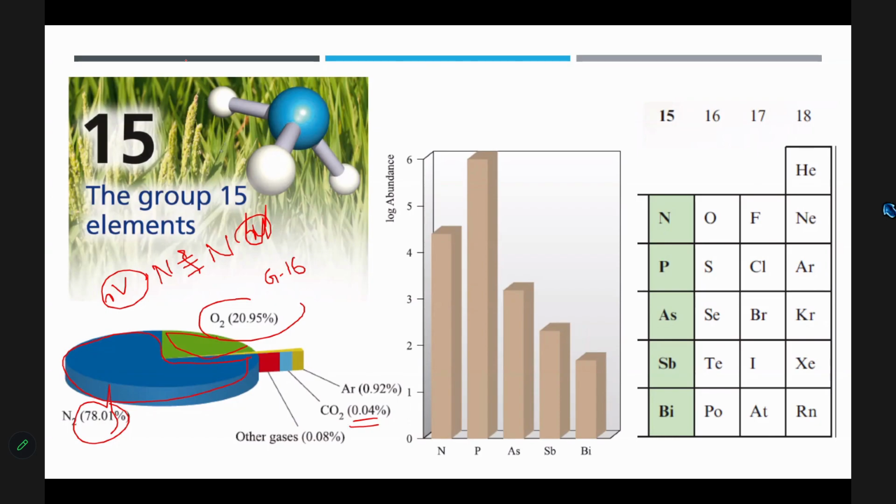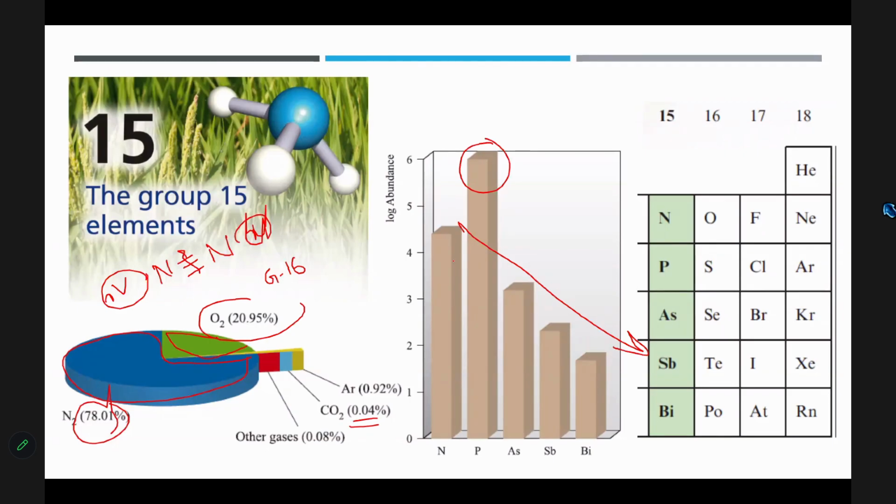Okay, so these are the elements of this group. Their abundance, you can see for phosphorus among all these elements. Phosphorus abundance is more in the Earth's crust because phosphorus forms lots of phosphate salts, PO4 3 minus, all the salts. But down the group, it decreases. But more than nitrogen, phosphorus exists.